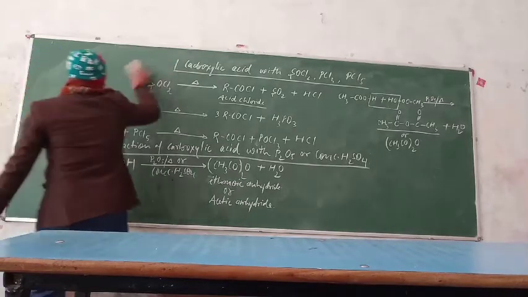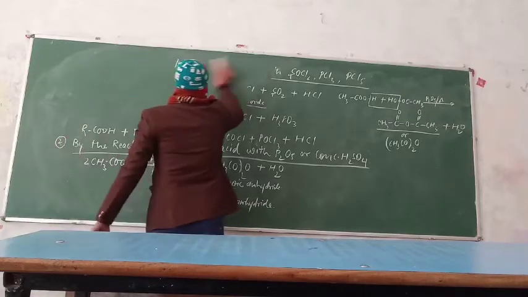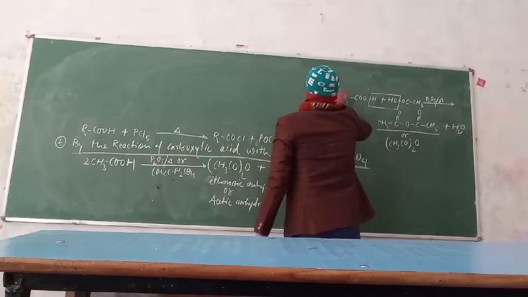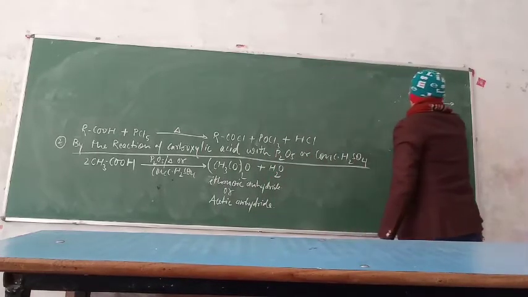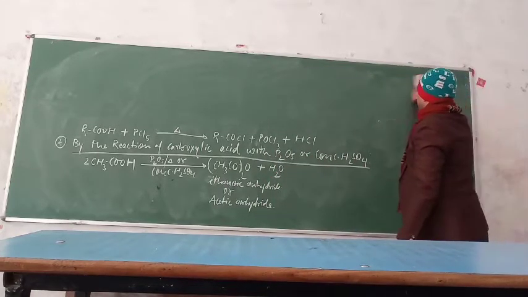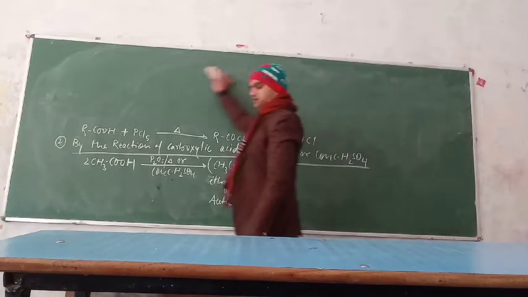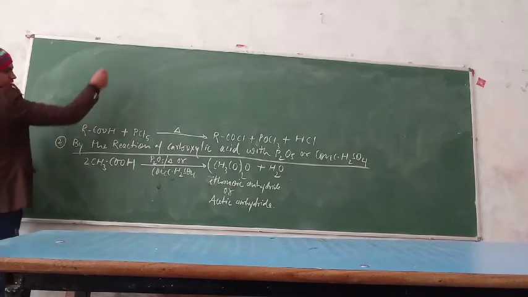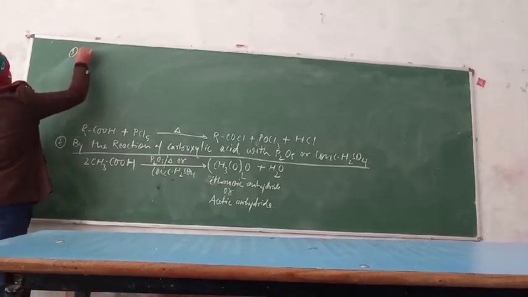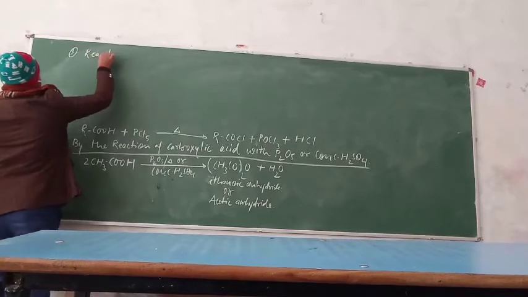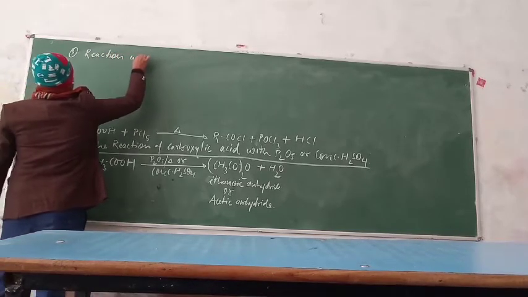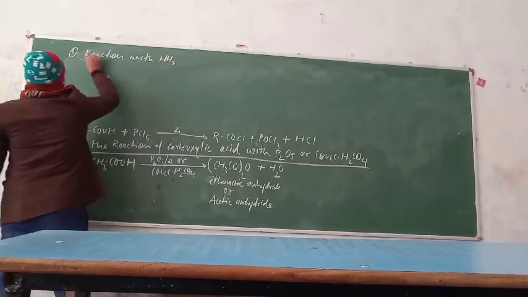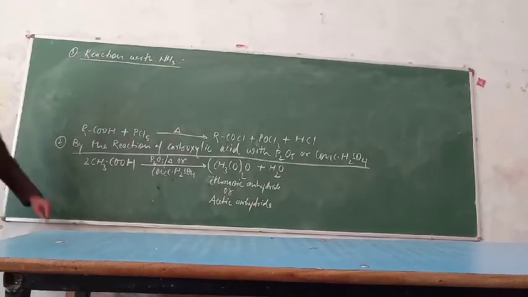Reaction with ammonia, that is the formation of amide. This is the reaction number 3, reaction with ammonia, NH3. Clear?